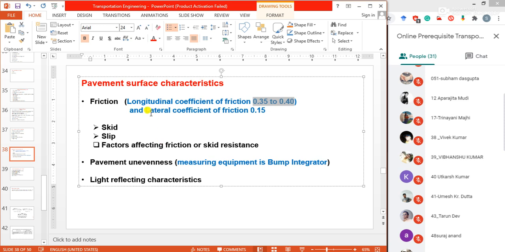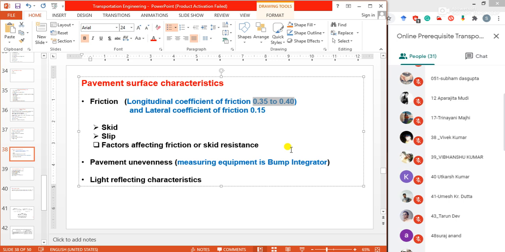And the lateral coefficient of friction should be 0.15. These values are needed when solving numerical problems.